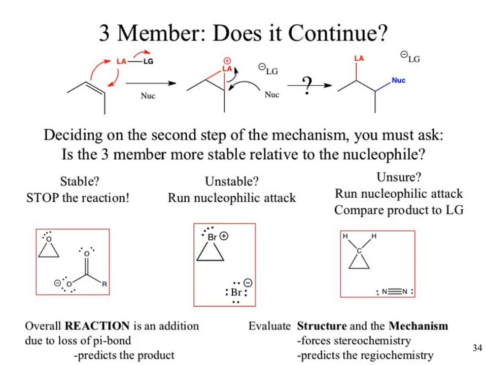If you're unsure, what should you do? Continue to react and be like, did that make it better or worse? If it made it worse, you shouldn't have done it. So what do we mean continue to react? Look at the pieces that you've got access to and see what happens. If I want this to continue to react, I'm saying that carbon needs to somehow break off. It would need to steal electrons.